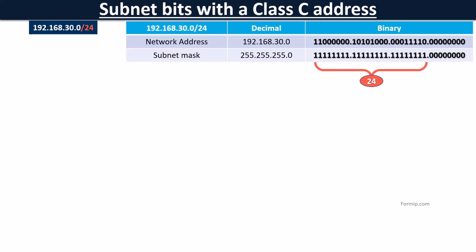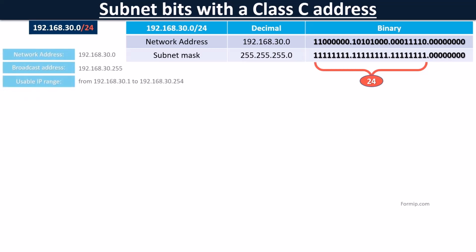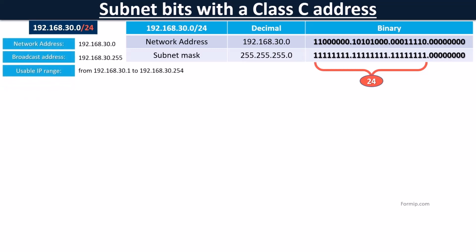This means that there are 24 bits at 1, which gives in decimal 255.255.255.0. The network therefore extends from 192.168.3.0 to 255. As the first address is the network and the last the broadcast, it is possible to use 254 IPs for hosts, because 256 minus 2 gives us 254.